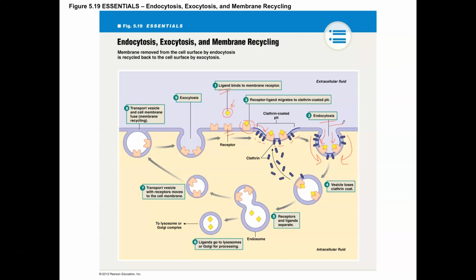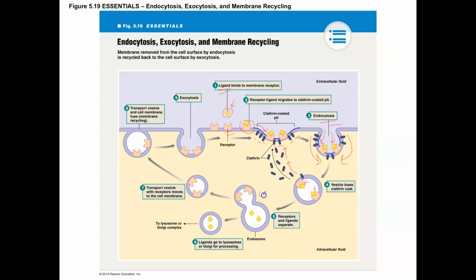Eventually, the vesicles are going to pinch away from the membrane. And then once they pinch away from the membrane, you'll notice that the clathrin proteins are being recycled back to the plasma membrane. So we're losing those little clathrin proteins, and you're left with a vesicle that has the receptor and the ligand inside of it. The receptor and the ligand now are collectively called the endosome. And the endosome is typically going to interact with a lysosome or a Golgi so that there can be processing.